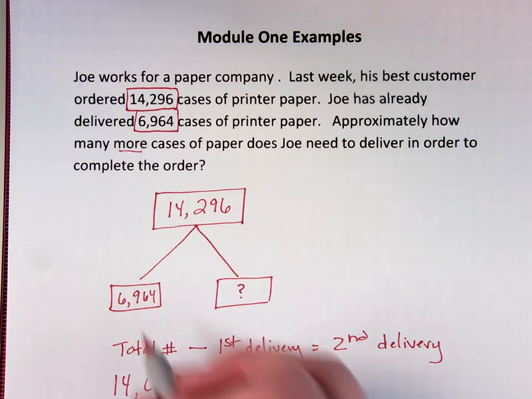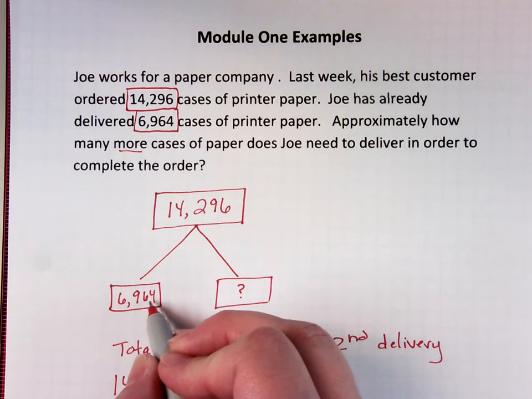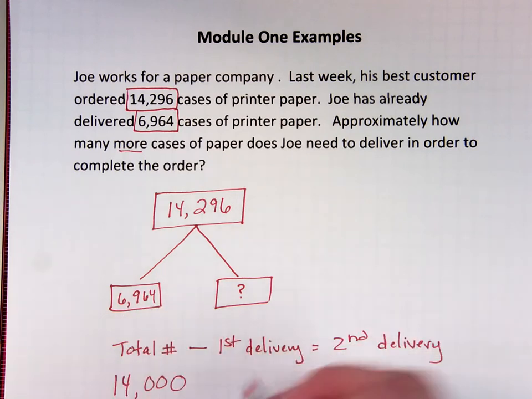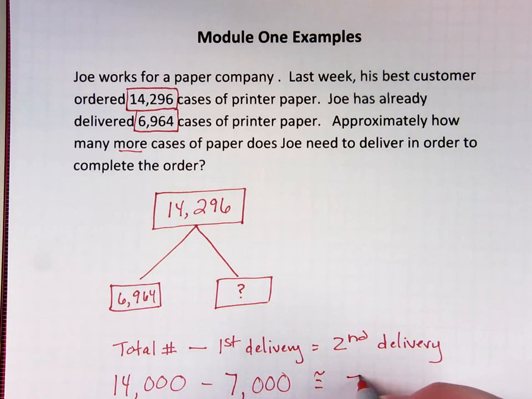Now the first delivery of 6,964 is just about up to 7,000. And from looking at this, you can see how easy it's going to be to do in your head. 14,000 minus 7,000 is approximately 7,000 more cases of printer paper that Joe will need to deliver to complete the order.